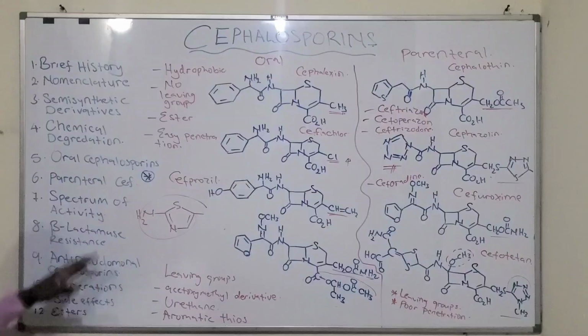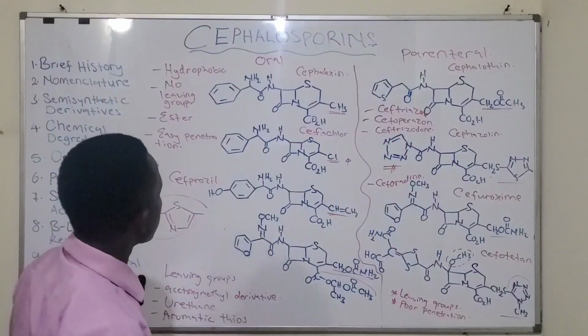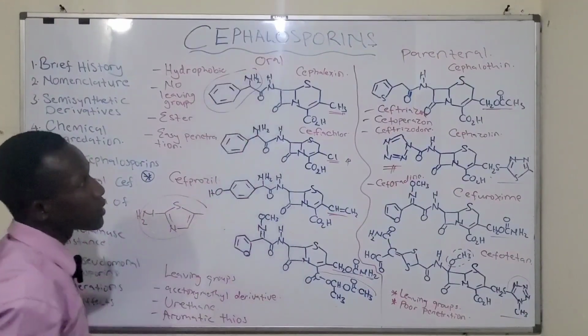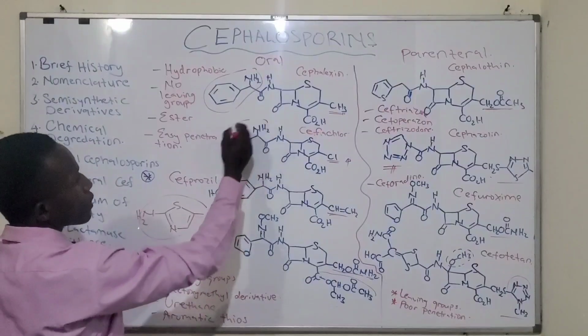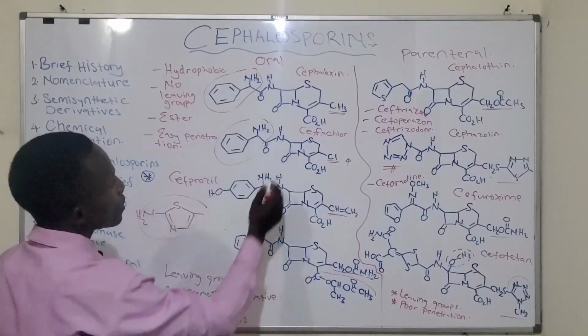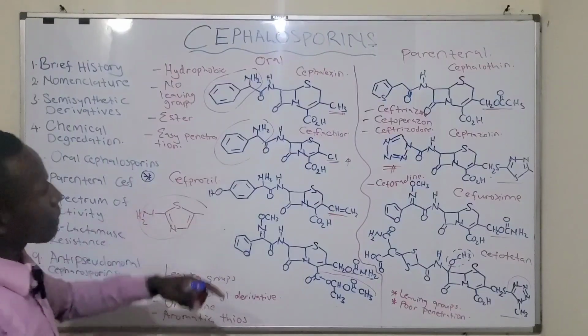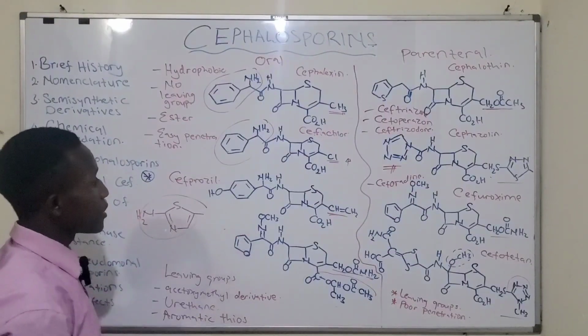Let's go to the spectrum of activity. For the spectrum of activity, cephalosporins, you see, for example, this one, it's like ampicillin. Ampicillin has these groups. Ampicillin, the penicillins.